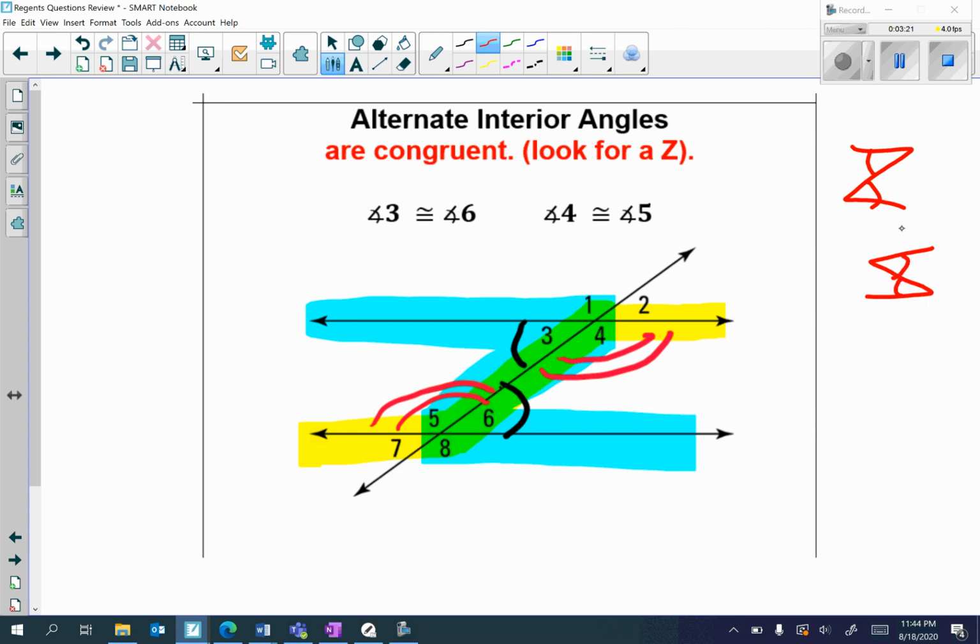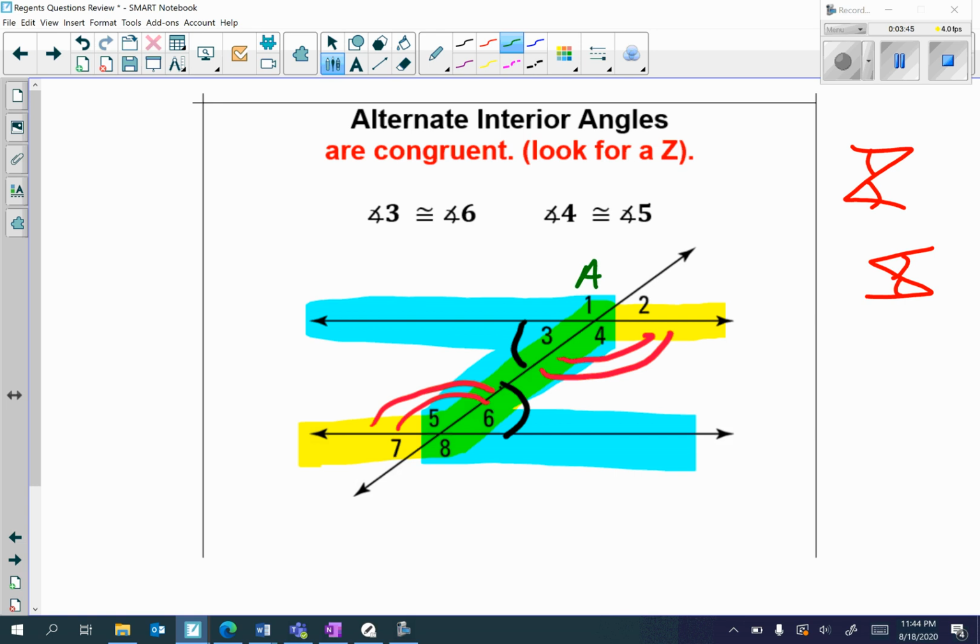Now notice in the diagram, I highlighted two different Z's, a regular Z and a backward Z. So notice with the blue, angle 3 is congruent to angle 6. And then the yellow, angle 4 is congruent to angle 5. Remember, also with this, I could label my A's and my B's.